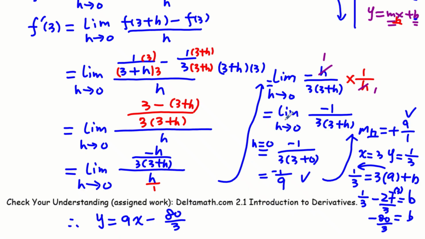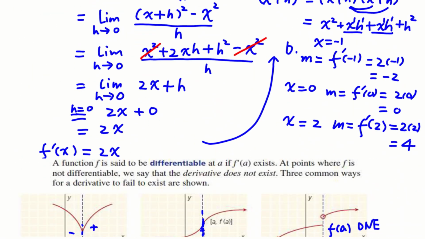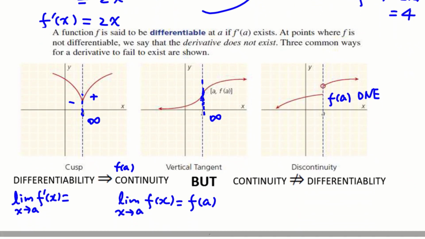And in this lesson, what we have learned is the derivative of a function is just the slope of the tangent. The slope of tangent, we call it the derivative of the function. If a function is differentiable, it means the slope of tangent exists at that point.